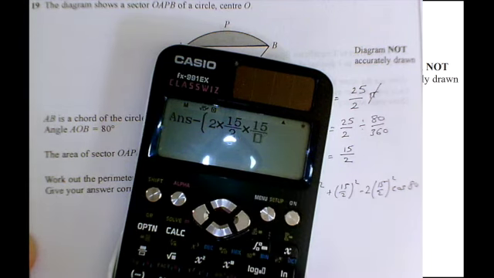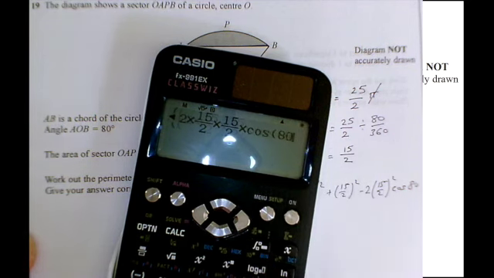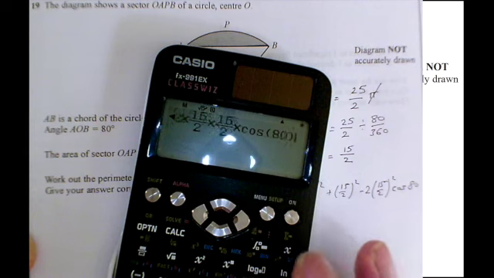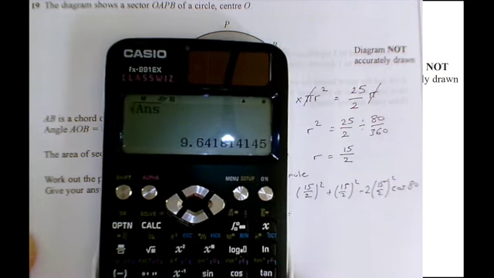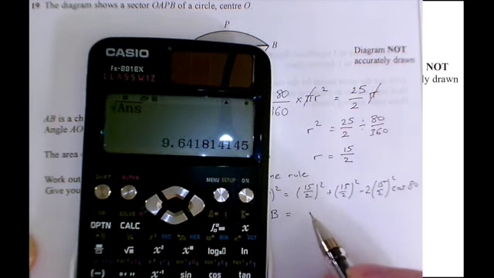Times cosine 80. And I mustn't forget to square root my answer. So that gives me 9.64 and a bit. So I'll put that number into my A memory. I'll press store A.